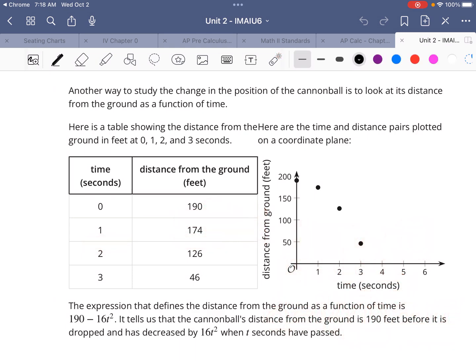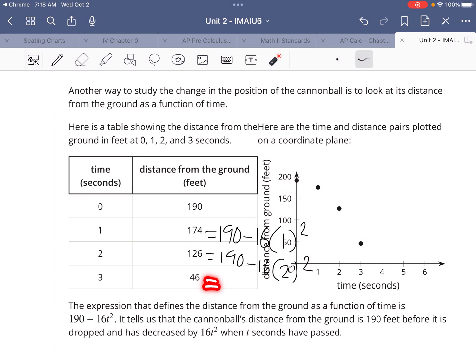So this is equal to 190 minus 16 times 1 squared. This would be 190 minus 16 times 2 squared. This would be 190 minus 16 times 3 squared.